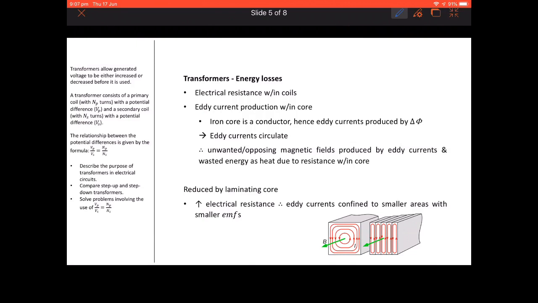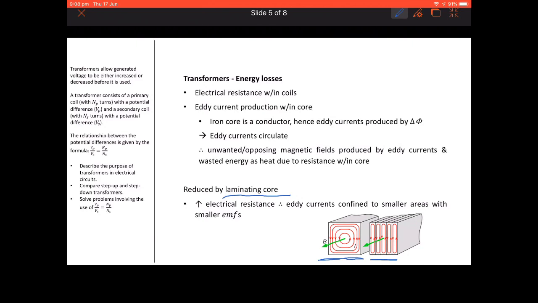So the eddy current energy loss can be reduced by laminating the iron core. Rather than having this big chunk of iron in the core, you divide it up into segments, and each segment is laminated. This laminating increases the electrical resistance between each section, so the eddy currents, rather than being able to circulate around the big block of iron, are confined to smaller areas.